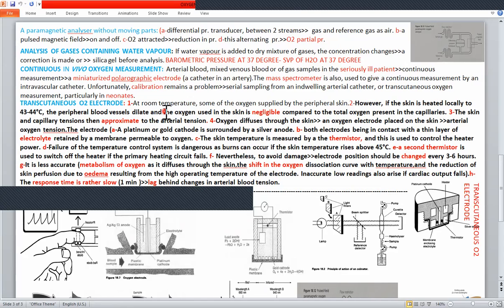Of course, the mass spectrometer can be used for continuous measurement by an intravascular catheter. So this is why, whenever we have such a situation, it is better to put an indwelling arterial catheter and take samples to measure the blood gases, or we use what we call the cutaneous oxygen electrode.